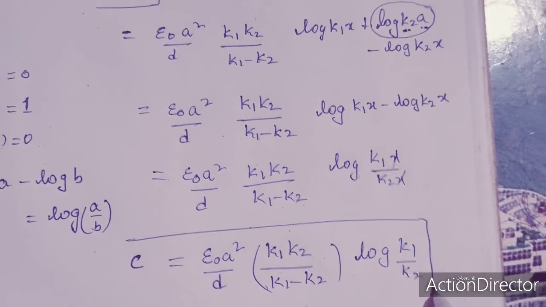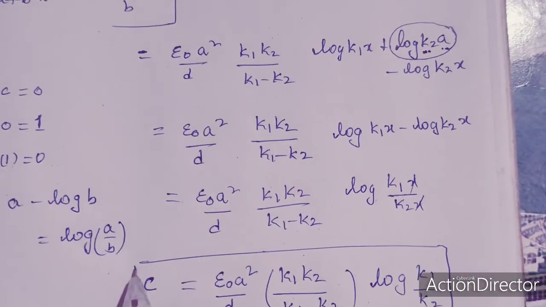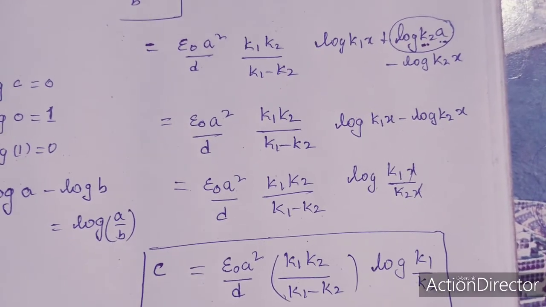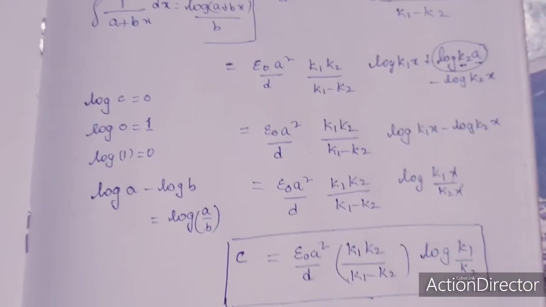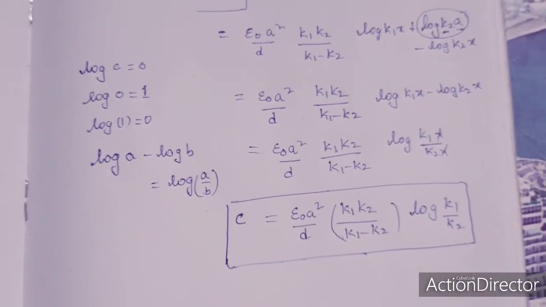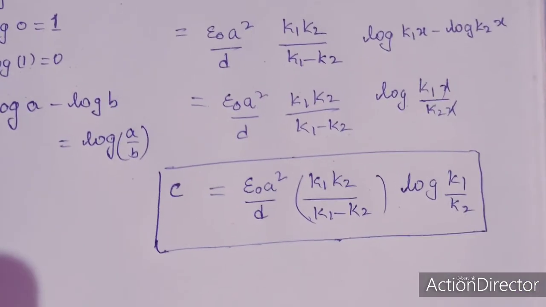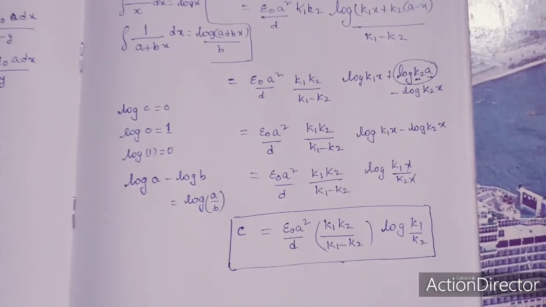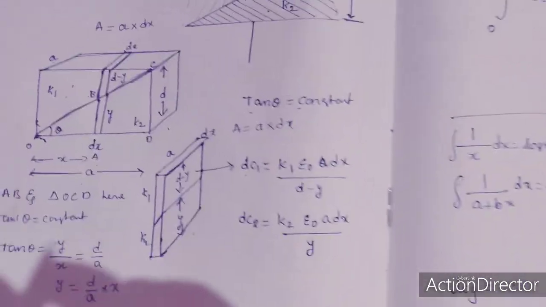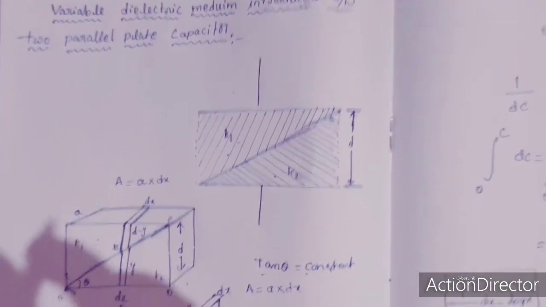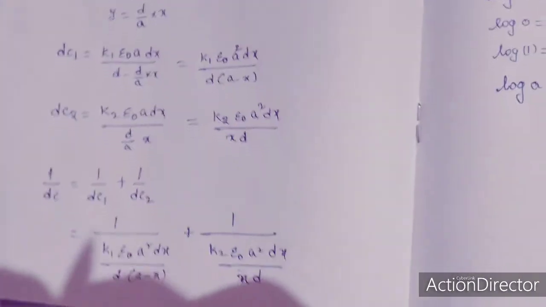So this is the condition for a variable dielectric medium introduced between a two parallel plate capacitor. Understood, students? A few seconds, we have to observe from starting point to ending point.